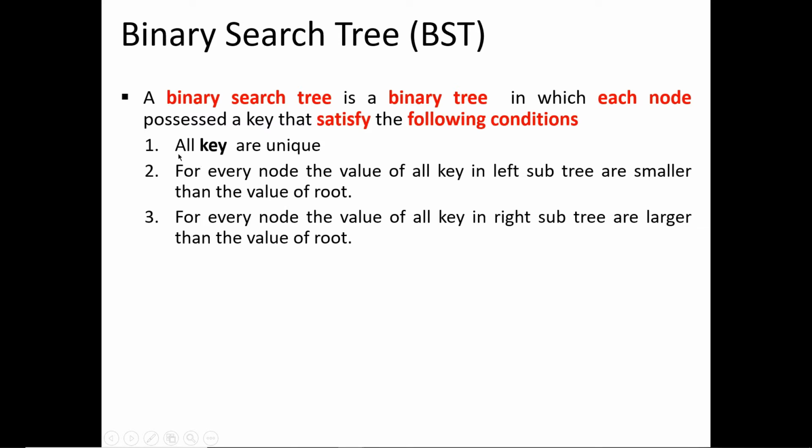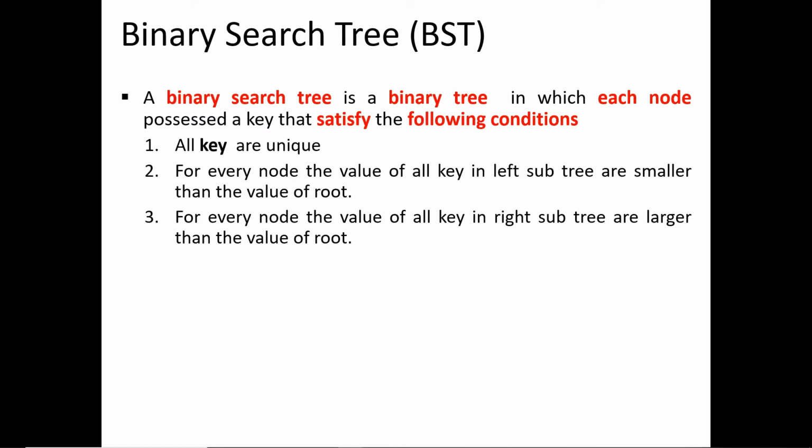The first condition is that all keys are unique. So whatever nodes we insert in a binary search tree must have unique key values. There is no repetition of key values allowed. Then the second condition is that in every node, the left subtree is always smaller than the root value of the tree.